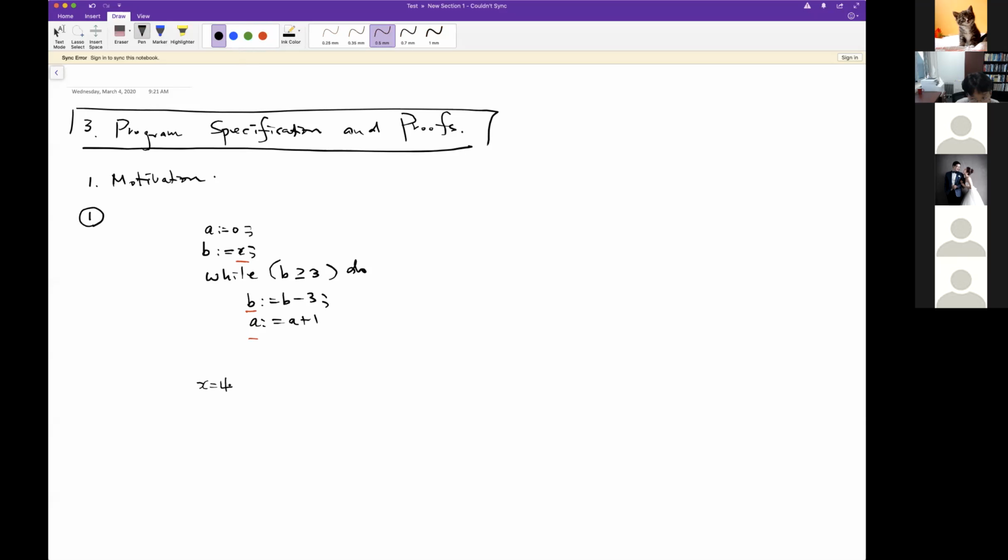So the first step is essentially writing formally what we want. The second step is we want to check formally that the program indeed satisfies what we want. Okay, so these are the two things that we want to do. But without anything else, we can't really do this. Okay. Also, these two things are very important.